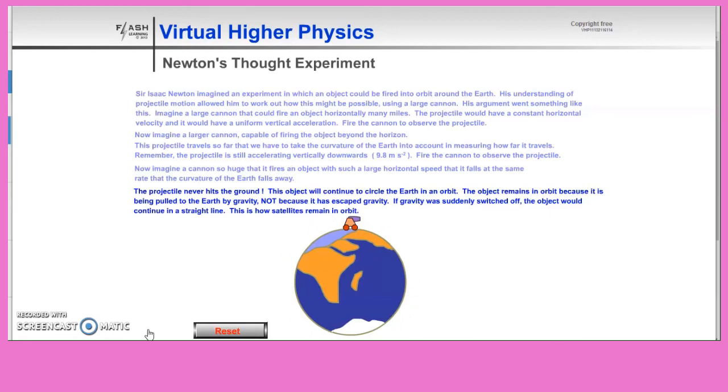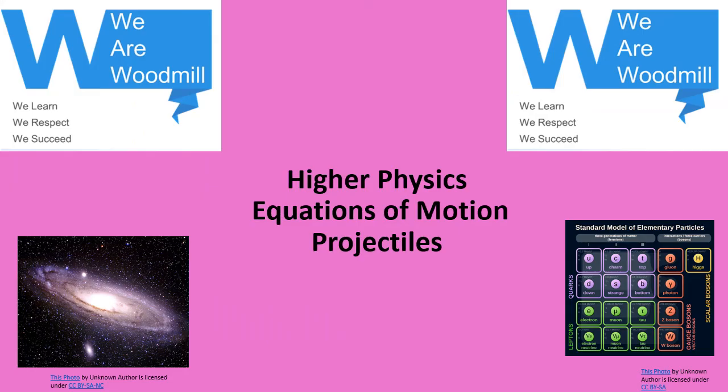So it now orbits the Earth and has become a satellite. This is what a satellite is. A satellite is an example of a projectile which has a constant horizontal velocity but has an acceleration in the vertical direction.